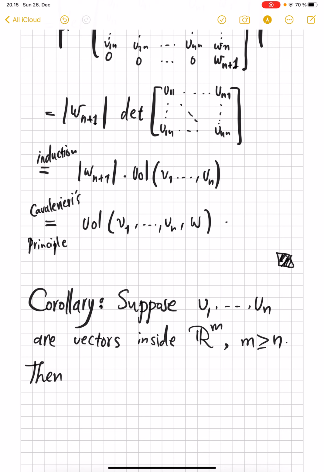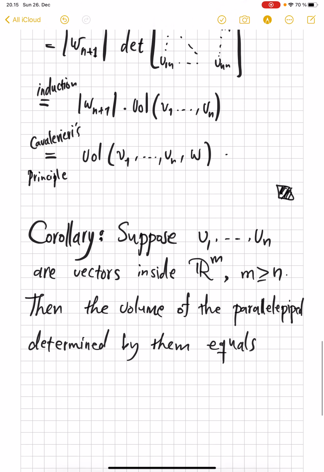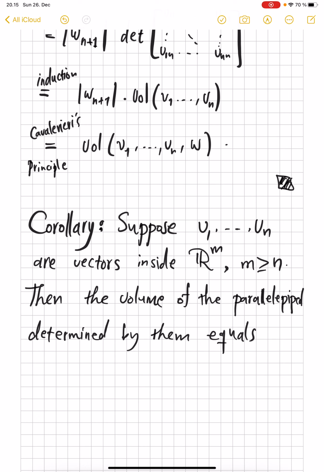Then the volume of the parallelepiped determined by them equals the determinant of what we call the gram matrix of v1, ..., vn.